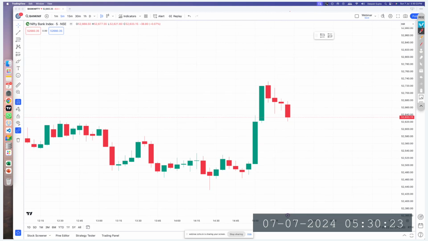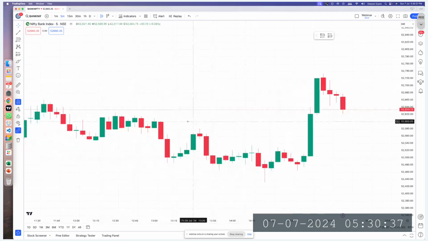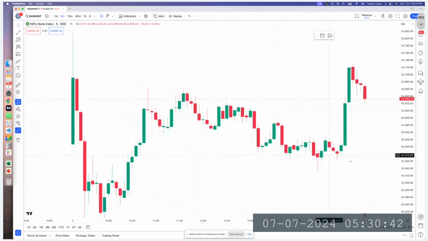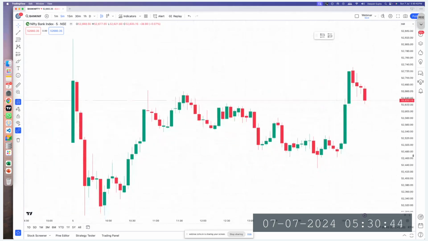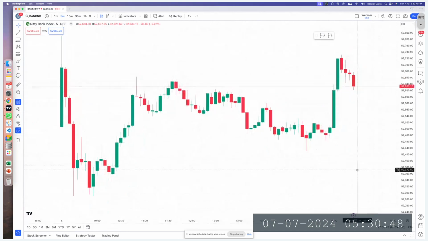Now, the first thing that I want to discuss is, why do you think in this movement the prices are saturating? Can we identify a few zones, a few areas where the price is not moving much?